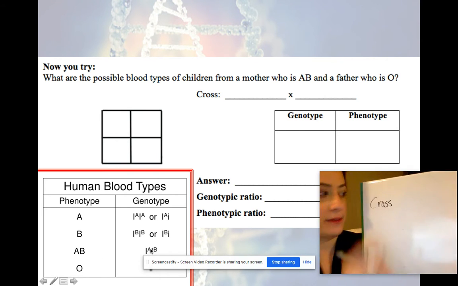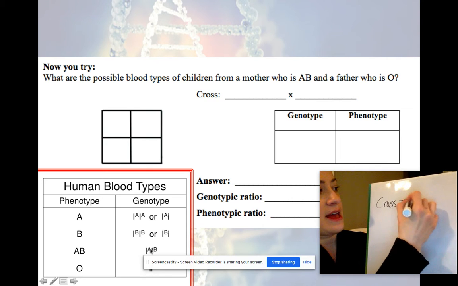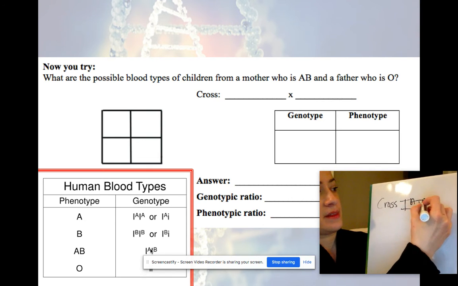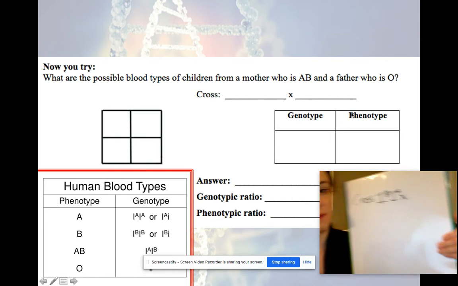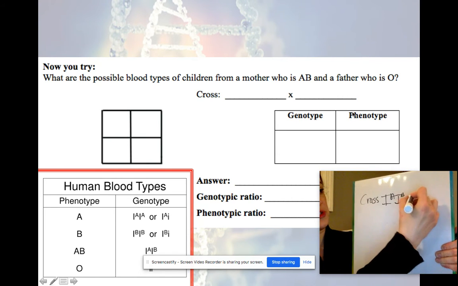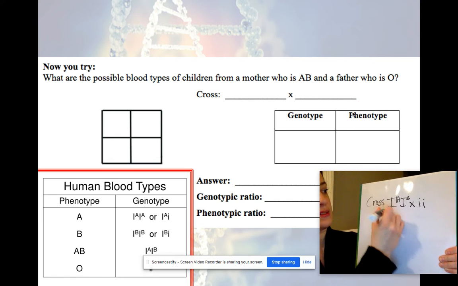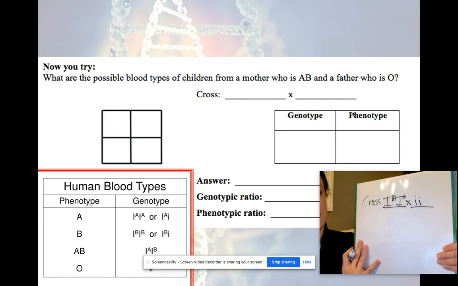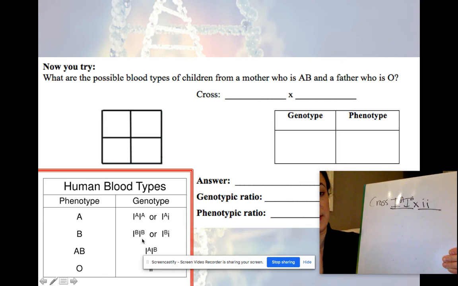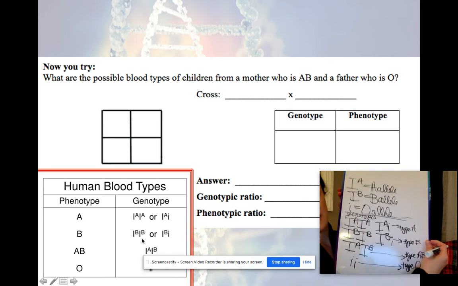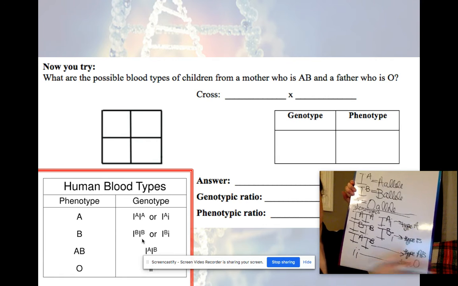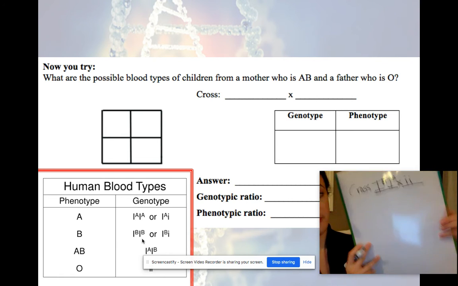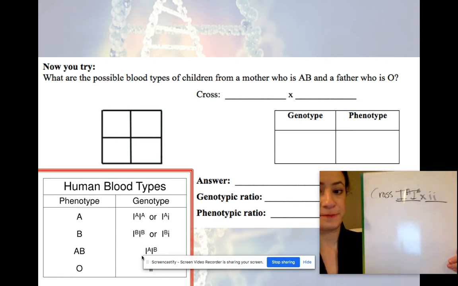So an A and a B allele. So IA, IB. So that's one part of a cross. And a father who is type O blood. So that's two lowercase i's. So that's the genotype. And we wrote this on the other side here. So blood type AB with blood type O. So that's the cross here.